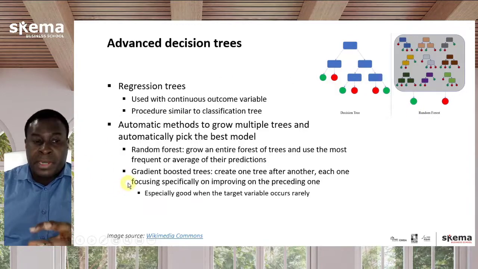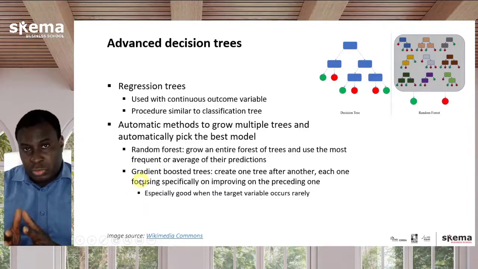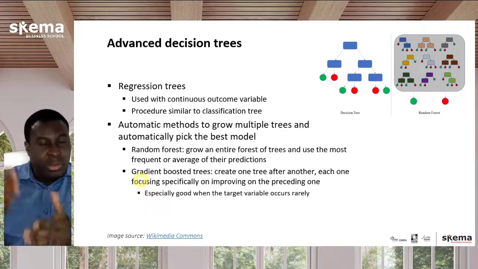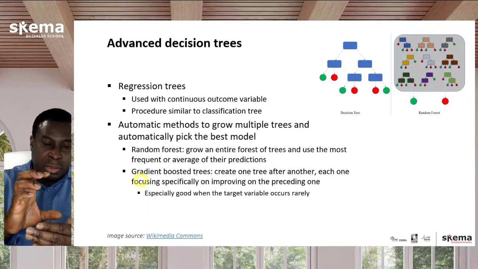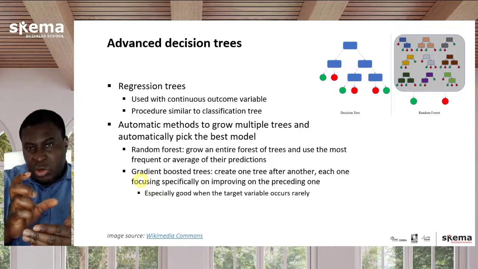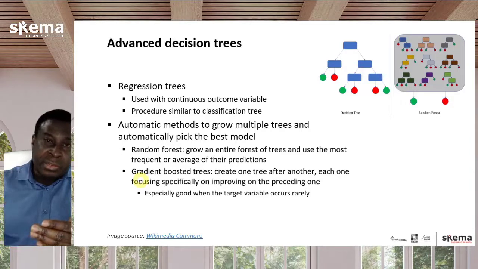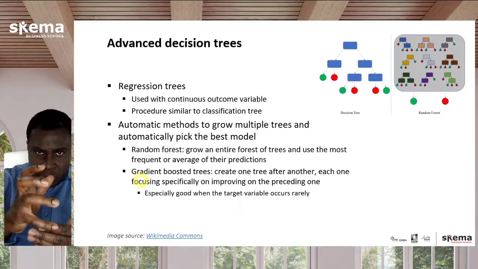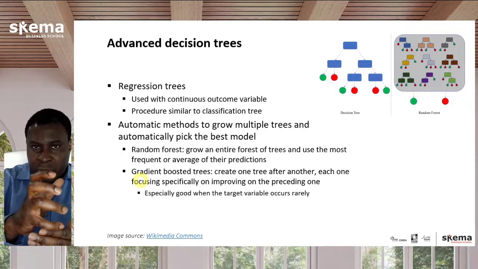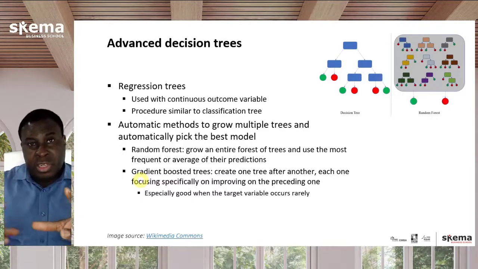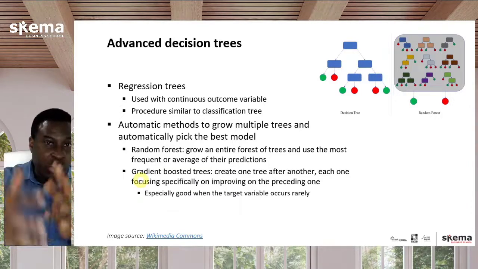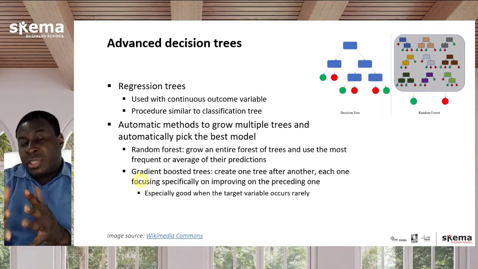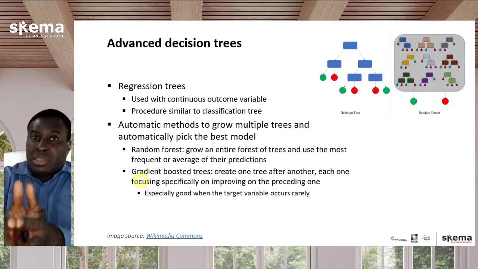Another approach of combining trees is that with a gradient boosted tree, you create your first decision tree, and then you take notes. Well, this is done automatically by the algorithm. The algorithm takes note of the data which the decision tree did not predict so accurately, and then it creates a second tree that focuses on the weaknesses of the first one, tries to improve on them, and then it creates a third tree that focuses on the weakness of the second one and tries to improve on it, and keeps on doing this for maybe 50 consecutive trees, and the final tree is much better than the first.